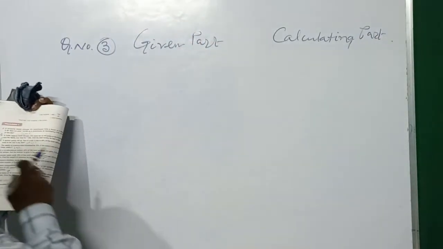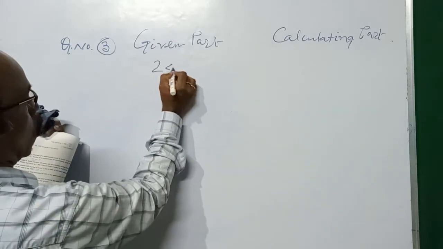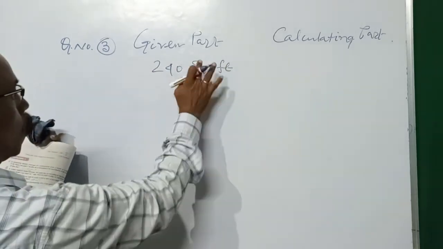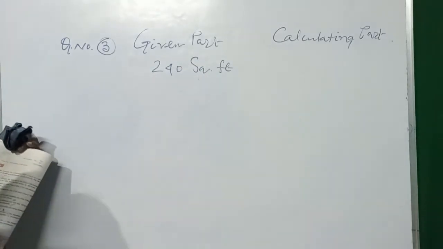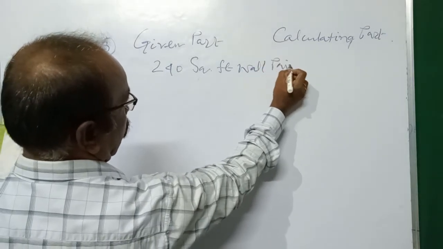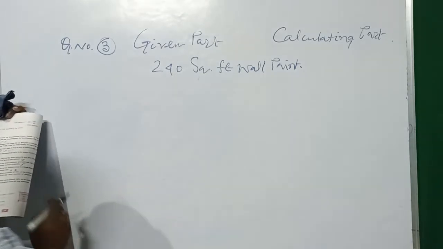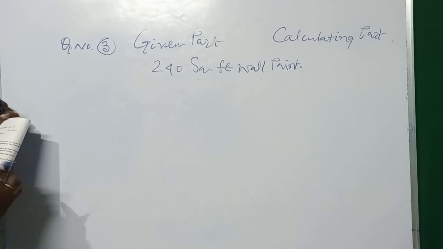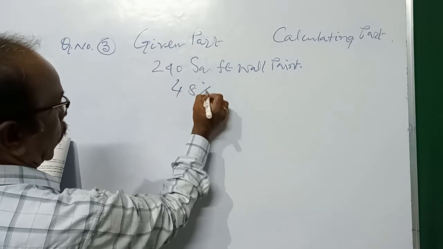In the given portion, a painter paints 240 square feet of wall. If this is 48%, this is also 48%.